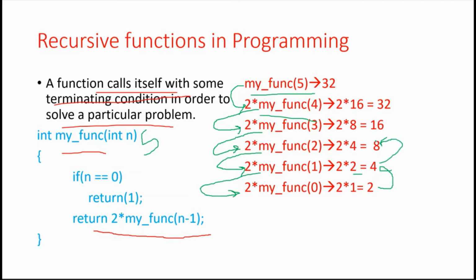And when we put 8 in this myfunc(3), the value of myfunc(3) is 8, and we will put 2 into 8, that is 16, and we put 16 to myfunc(4), that is 2 into 16, that is 32, and we will return 32 to myfunc(5), meaning the value of this myfunc(5) is 32.